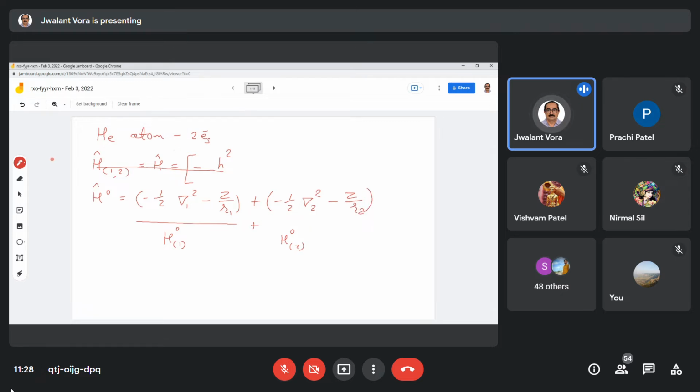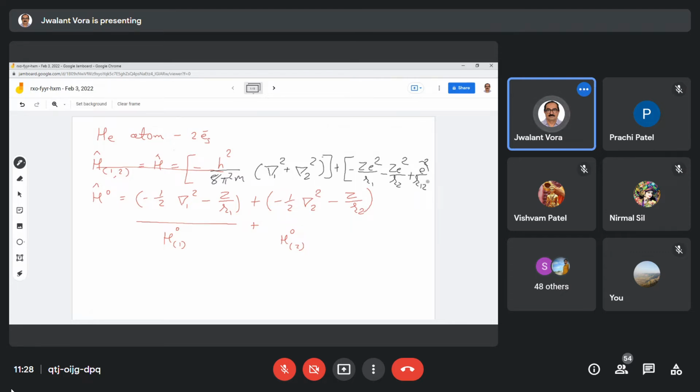Our equation, I am again writing it. What is the equation? Minus h square upon 8 pi square m del 2 square plus minus Z square upon R1 minus Z square upon R2 plus e square upon R12.